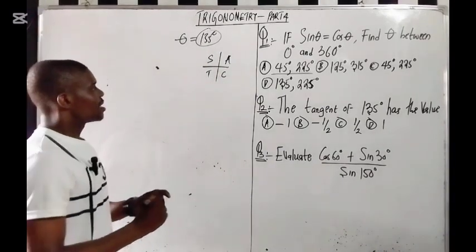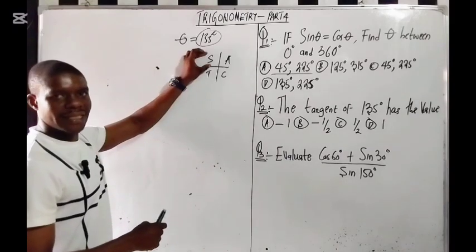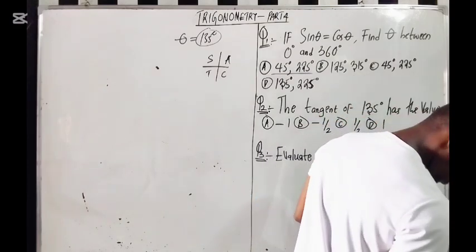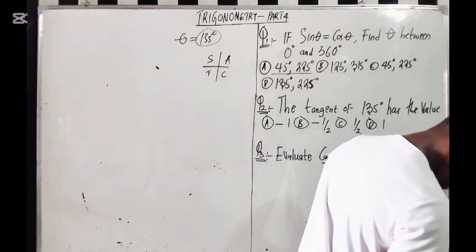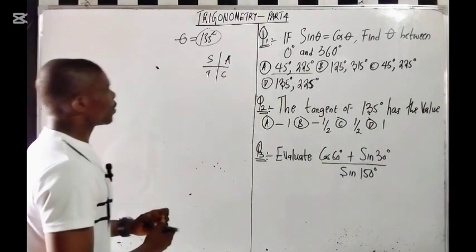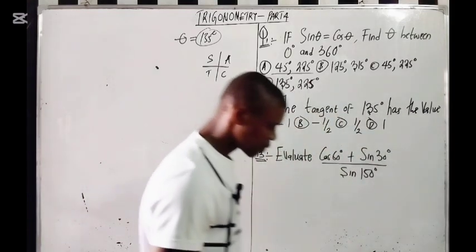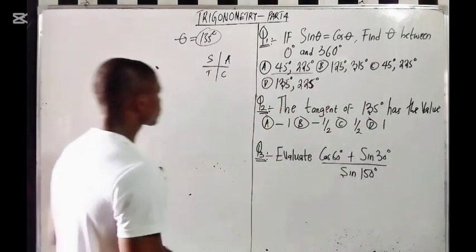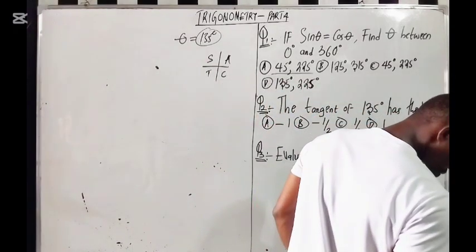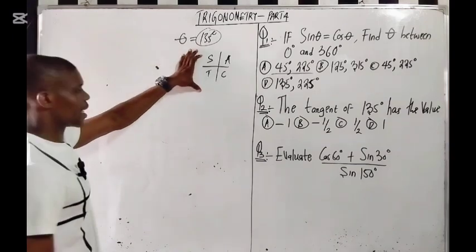So understand that in the second quadrant here, tan is negative. So how do you do it?